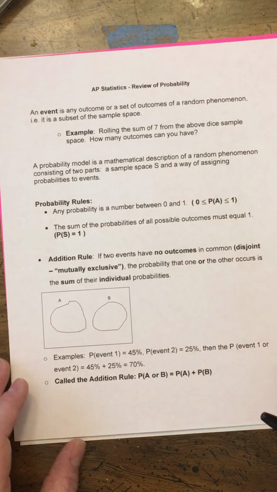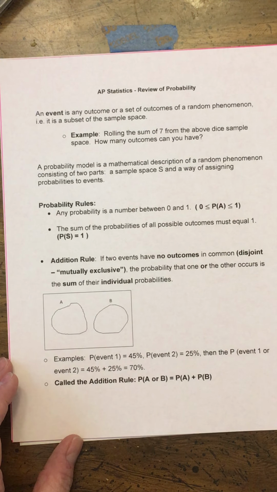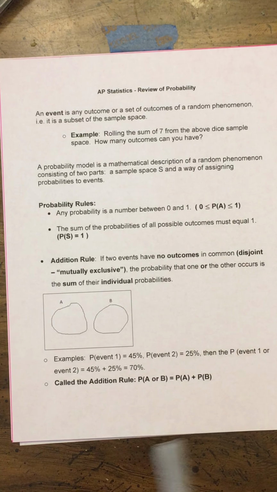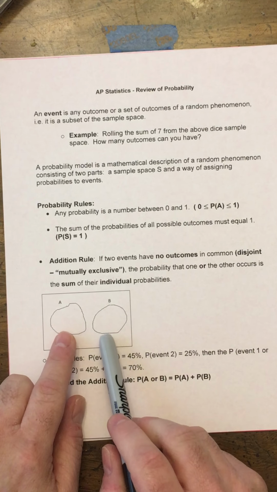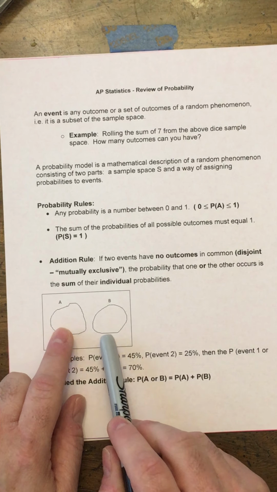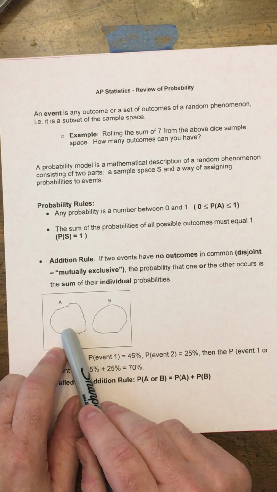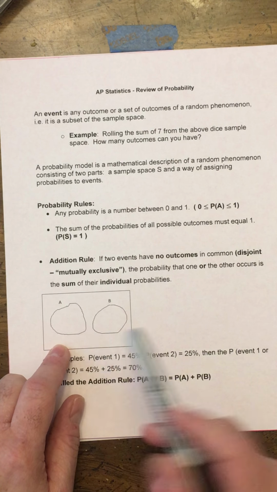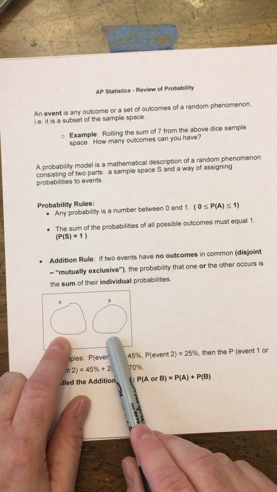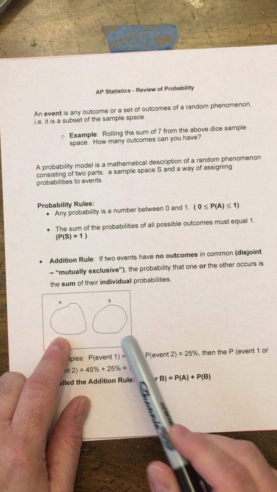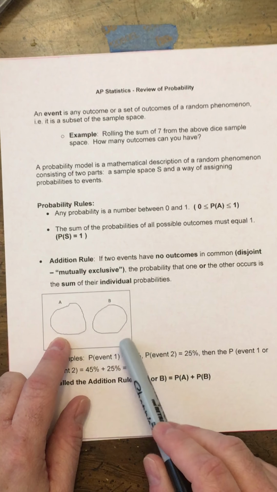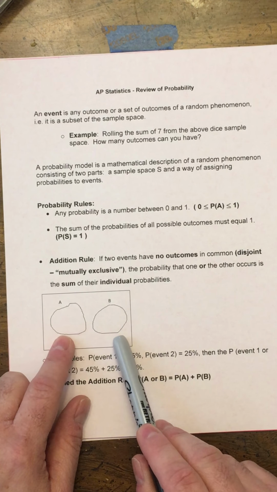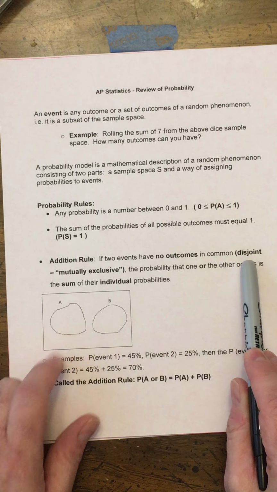Addition rule. Now there are 2 addition rules for probabilities, and it depends on whether or not the events are mutually exclusive. So this is a situation where you have mutual exclusivity: event A and event B cannot happen together. Sort of like when you pick a card from a deck of cards, you can't get a 2 and a king at the same time if you're choosing just one card. That's mutually exclusive. It's also called disjoint.